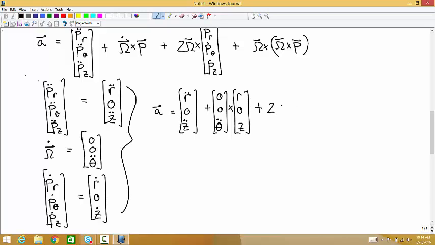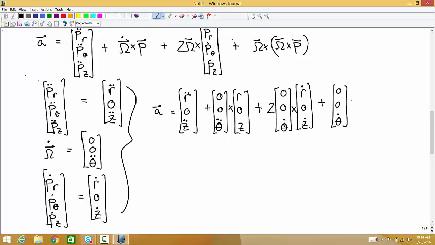Plus 2 times the angular velocity, 0, 0, theta dot, crossed with the time derivatives of the position components, so that's r dot, 0, z dot, plus omega, 0, 0, theta dot, crossed with the quantity 0, 0, theta dot, crossed with the position vector r, 0, z.